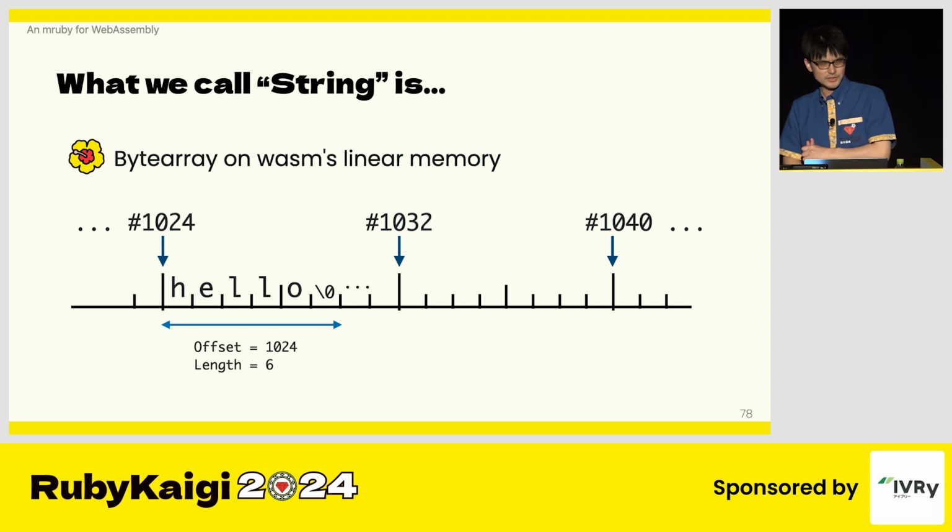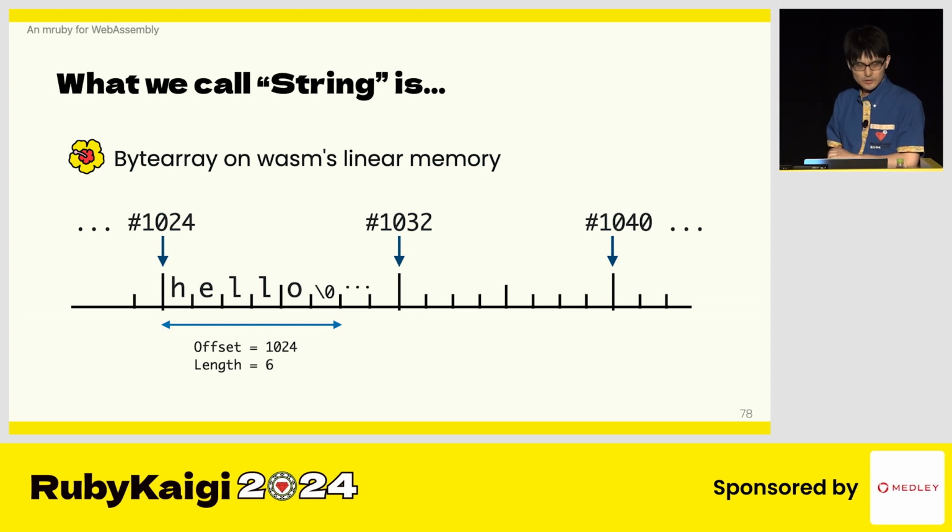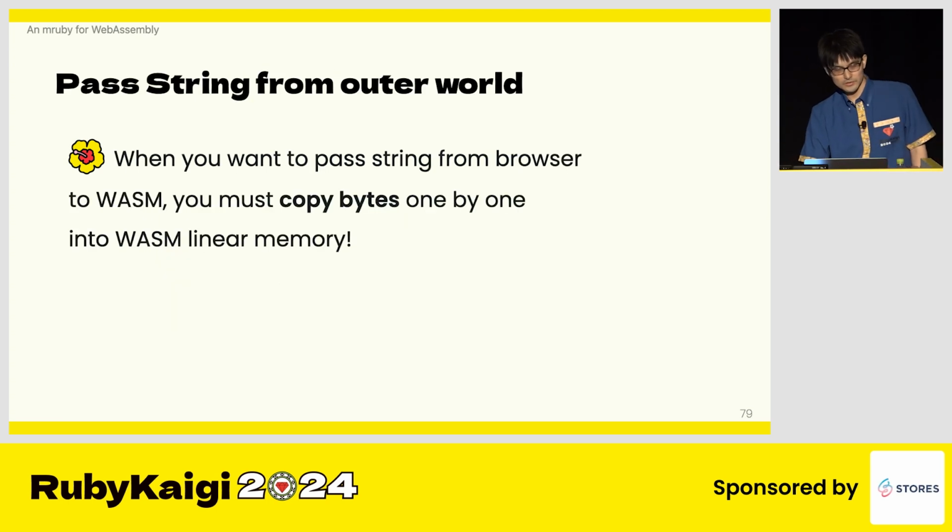What we call a string is just a byte array on WASM linear memory. For example, this hello string has offset 1024 and length 6, and you can specify this string using offset and length. So when you want to pass a string from the browser to WASM, you must copy bytes one by one into WASM linear memory.